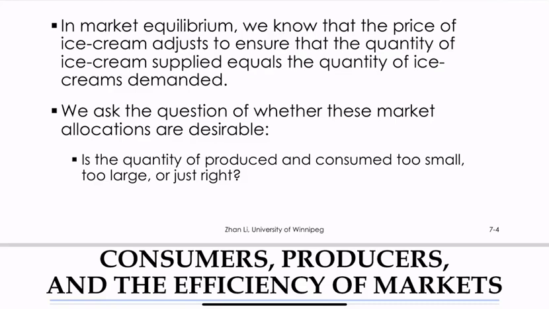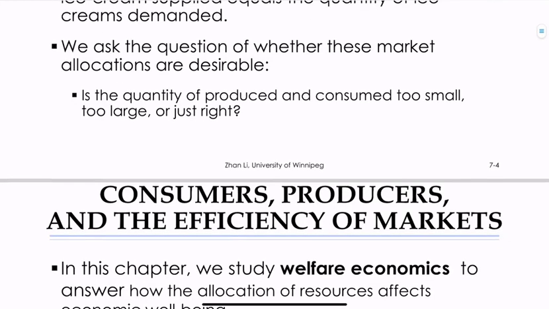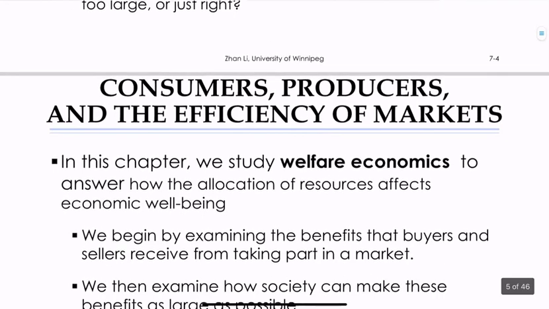So in the end, the market will be in equilibrium. And because of this balancing effect of price, we will find out the quantity demanded equals the quantity supplied. Now, the important question is: is this quantity too small, too large, or just right?